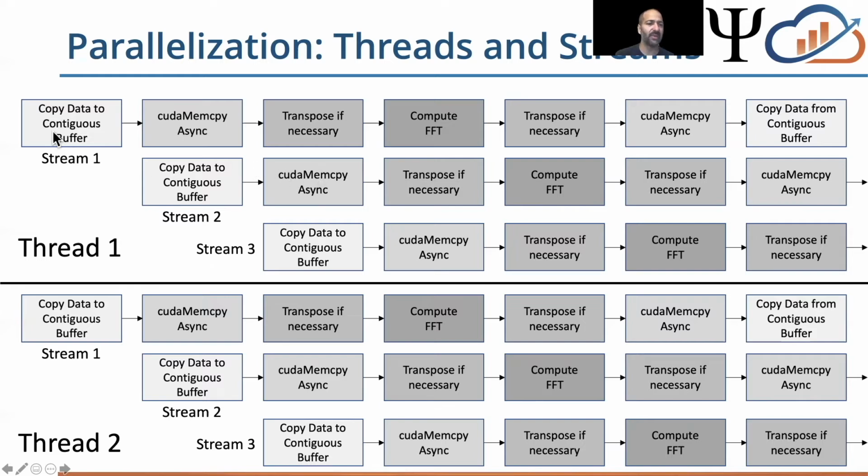But at the same time, after we start this first one, we can do the second one. And you can see here, this CPU is only doing these parts here. So this can be done in parallel across different streams while the GPU is doing work. Also, we can have another thread do the same thing. And because the GPU is so fast at doing these pieces, it can actually finish these while these things are being done.